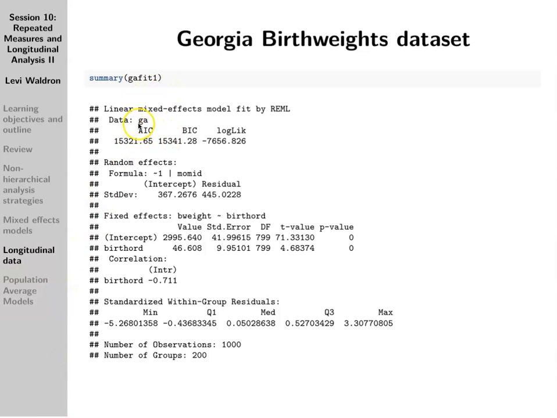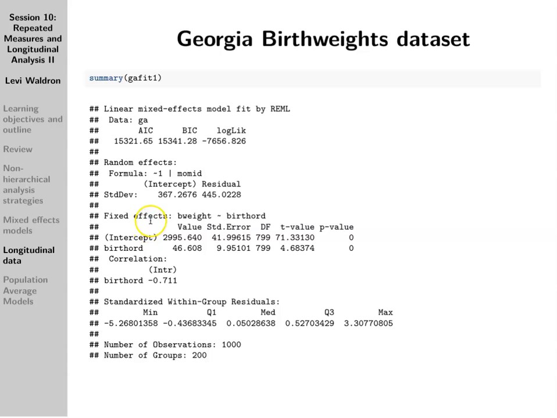Now looking at the summary of this fit, I can see first under the random effects that I was right, that it seems like the residual standard deviation, that is within subject, is larger than the subject variance. So that means that we're going to have a smaller intraclass correlation here.